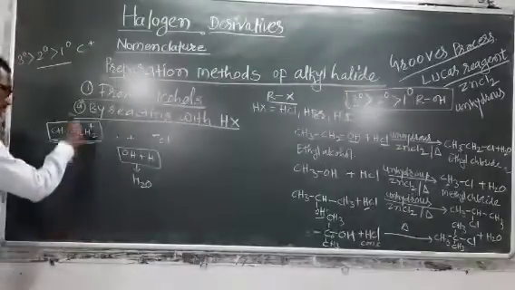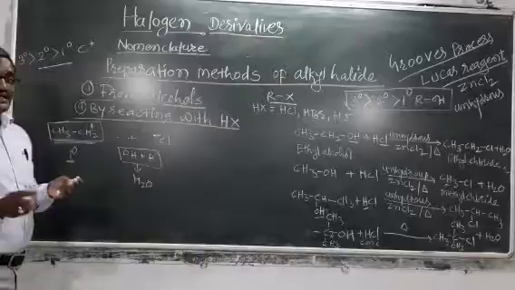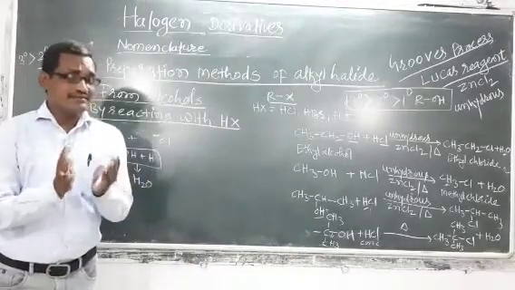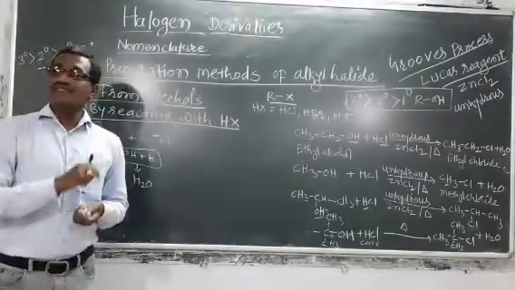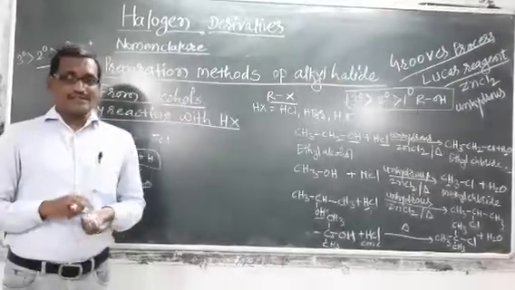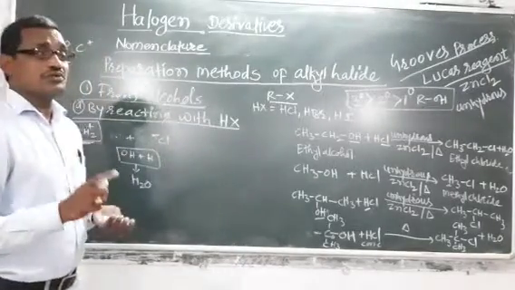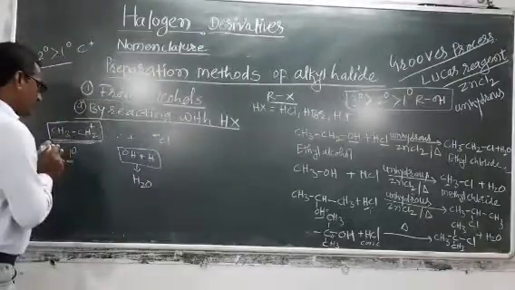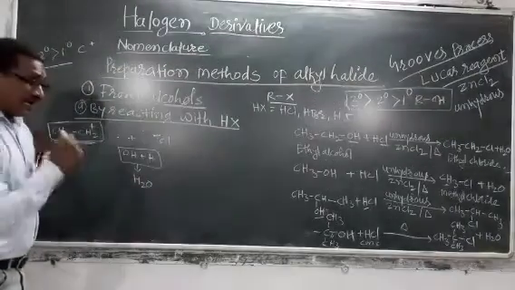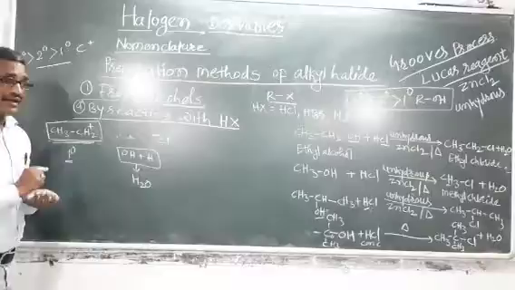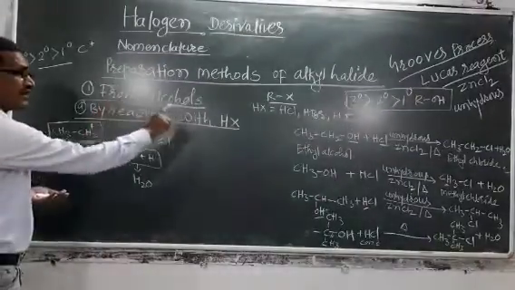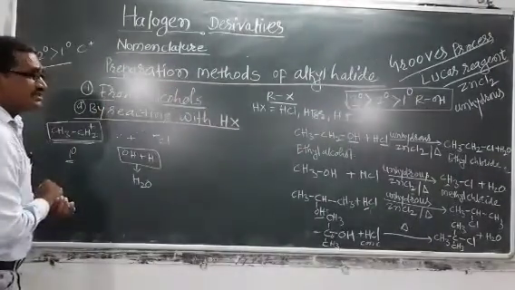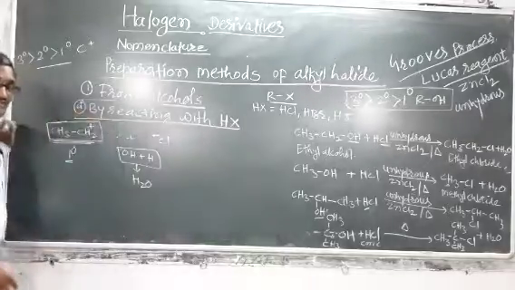Here, this ZnCl2 we are using is a Lewis acid. A Lewis acid has a tendency to accept electrons. I am explaining why we are using anhydrous ZnCl2 in the given example.